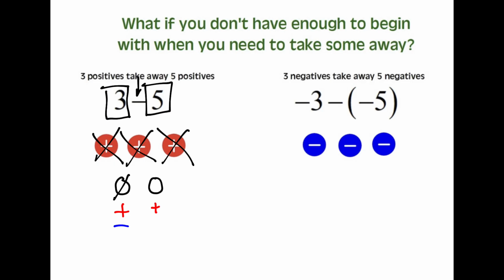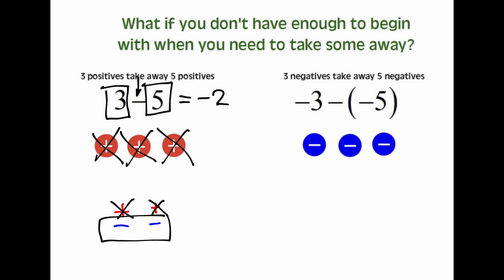So I'm adding zeros by adding 1 positive and 1 negative, and now I have enough positives to cancel. What does that leave me with? 2 negatives. How's that for weird?